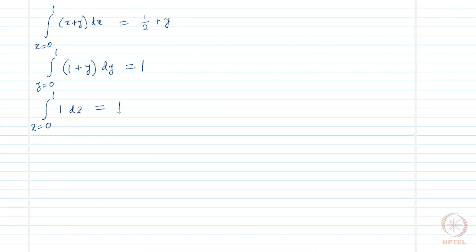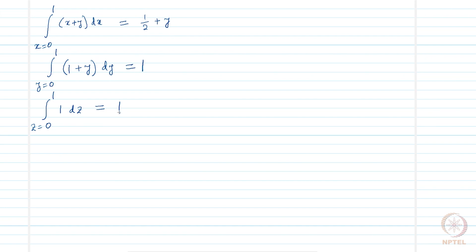So, what did we do? We have first performed the integral over dx, the range was from 0 to 1, and after performing that integral, we got half plus y, and then we performed the integral over y.